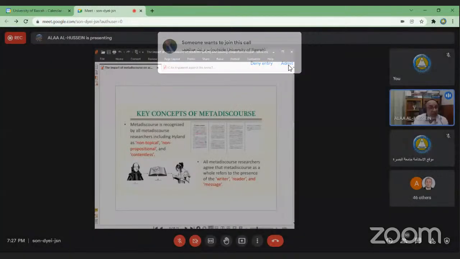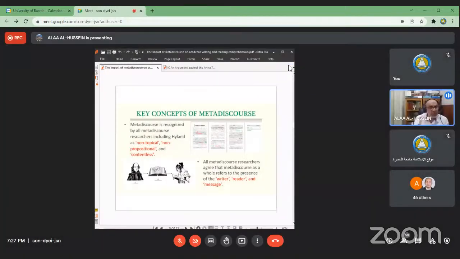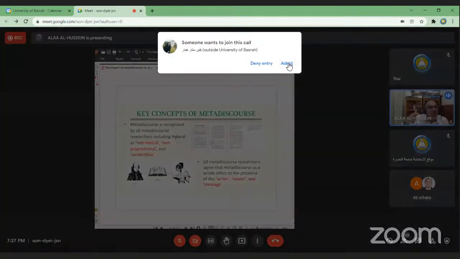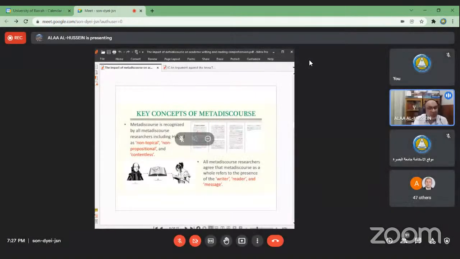and facilitating. The writer should facilitate the process of what? The process of understanding and comprehending what? The message. So the writer writes those ideas, connects those ideas for the reader, to help the reader, to guide the reader, and to interact what? To interact his or her message with readers.